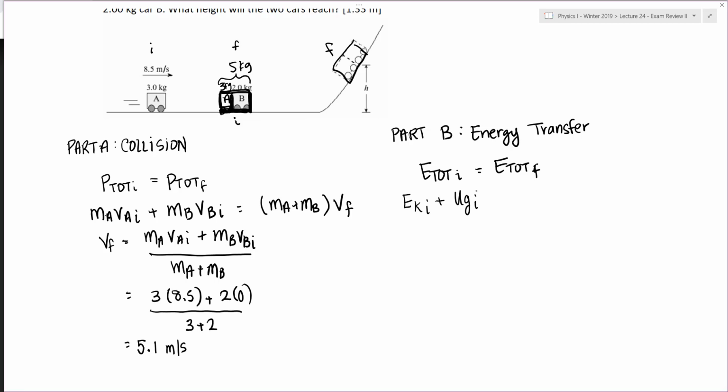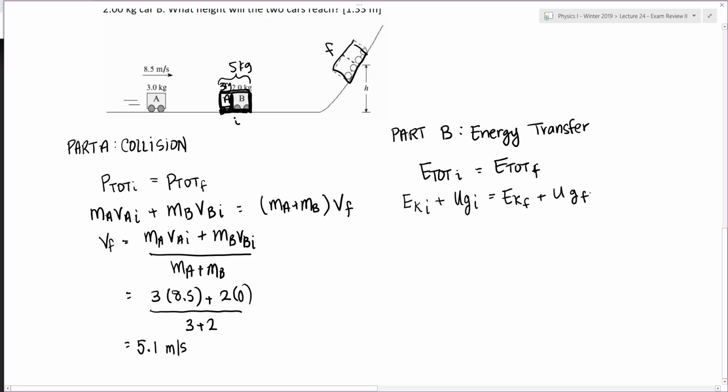We don't know anything about those wheels and their radii, so we can't do anything with any type of rotation in this question. The other type of energy that we know of is the elastic potential energy, but there is no spring in the question, so we're going to ignore that. So we're looking at kinetic and gravitational potential, both initial and final.